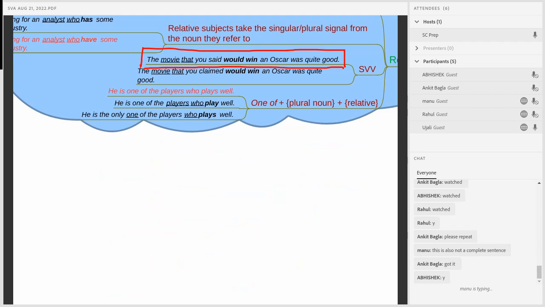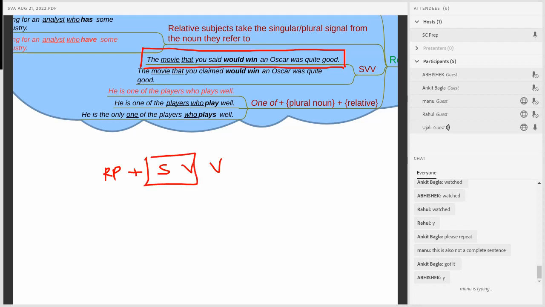So let me first clarify which part we should be taking another look at. Is it the part where I said pulling something back, or is it even before that? No, I think it's even before that. So when you see a relative pronoun plus an SV, you said isolate the first SV combo. Check if the verb in the first SV combo is capable of describing the noun.